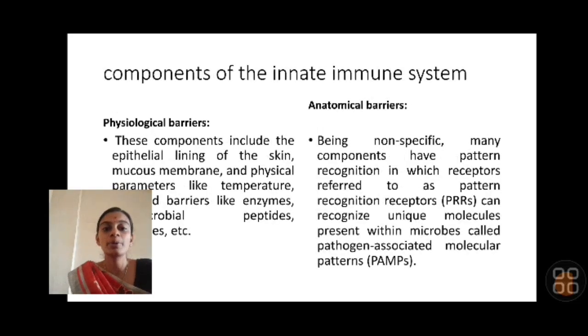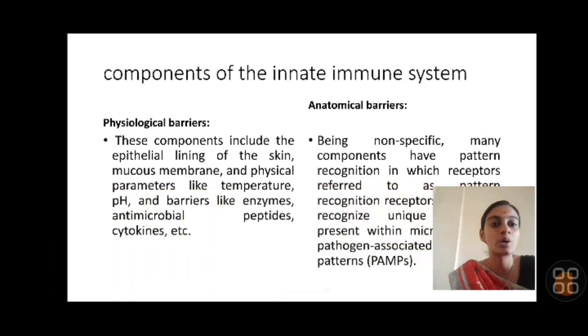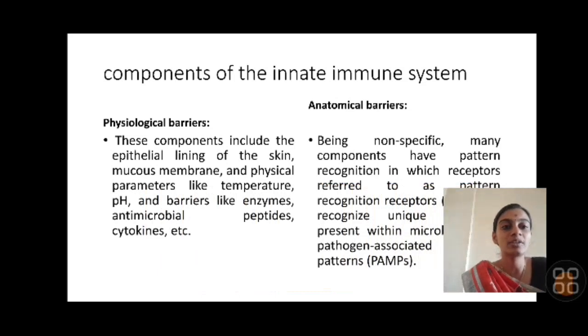There are four major components of innate immunity. First one is physiological barrier. Physiological barriers are components like the epithelial lining of the skin, mucous membrane, and physical parameters like pH and temperature. These barriers also include enzymes, antimicrobial peptides, and cytokines.